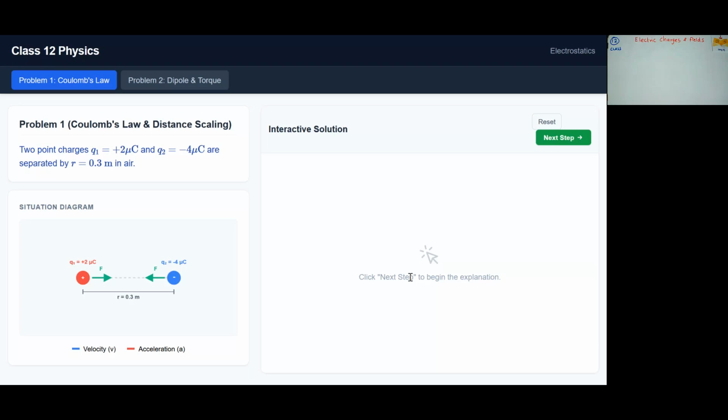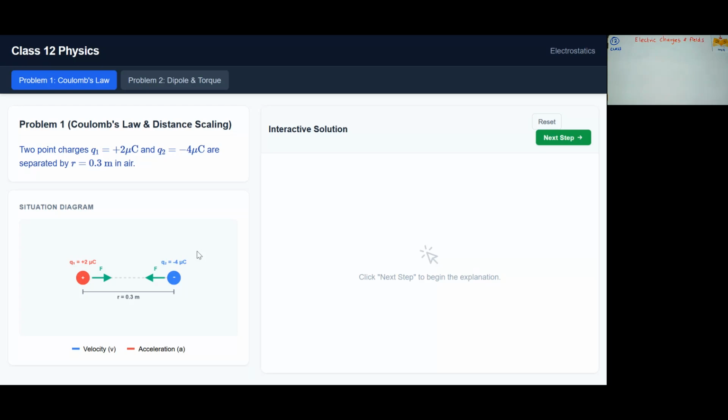So first problem, Coulomb's law and distance scaling. Two point charges, Q1 plus 2 microcoulomb and Q2 minus 4 microcoulomb, are separated by R equal to 0.3 meter in air. Here we have to find the Coulomb force.